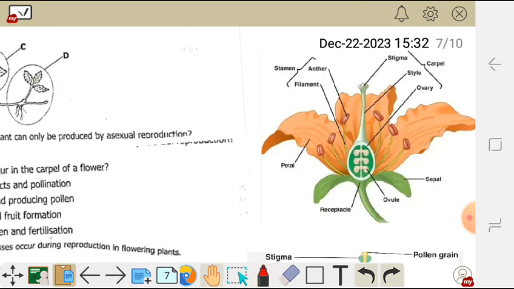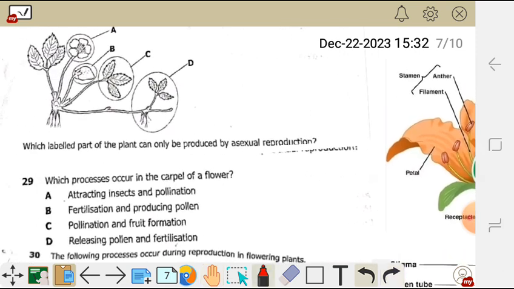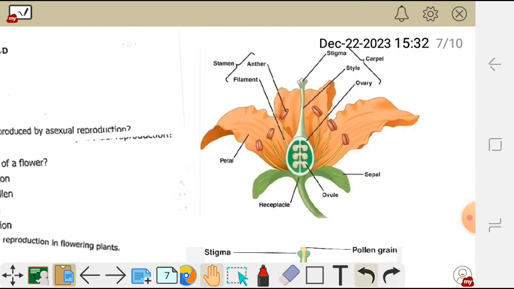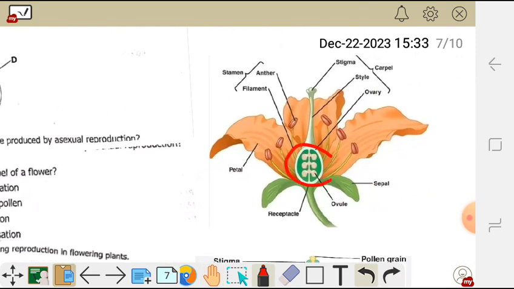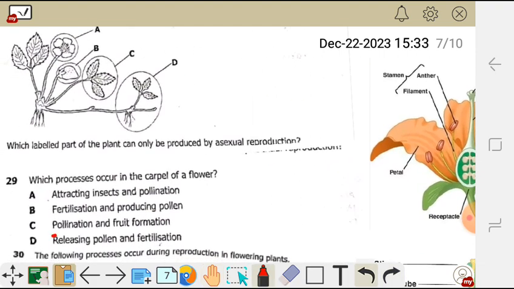Then fruit formation: fruits are formed by the ovaries, where inside we have the ovum. That part forms the fruit. So this can qualify to be the answer: pollination and fruit formation.